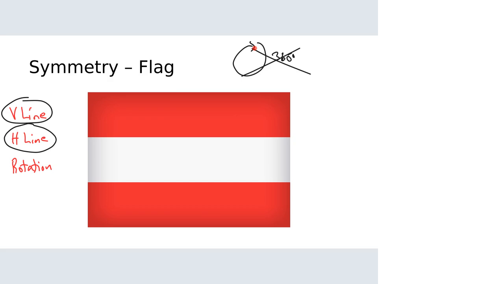Maybe at 90, maybe at 180, maybe at 270. And here, if I were to go halfway around, the bottom would become the top, and the top would become the bottom, and the white would stay in the middle. So yeah, this would have rotation symmetry at 180 degrees. And so this particular flag happens to have all three of those symmetries: vertical line, horizontal line, and rotation.